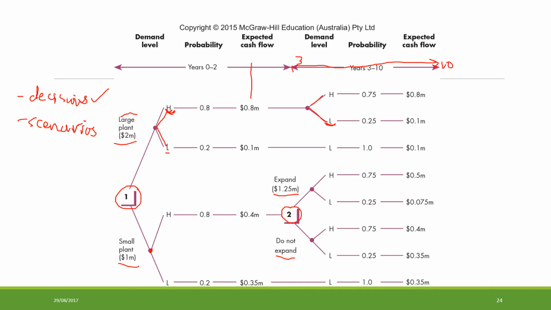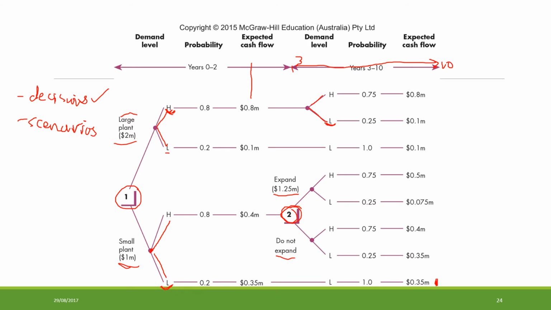For our small plant, we once again start with 2 branches, either high or low. If the demand is low, it stays low for the rest of the project's life. If the demand for the first 2 years is high for the small plant scenario, we are then faced with a decision to either expand the project or not expand the project.